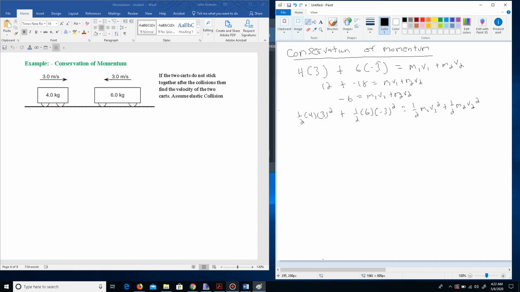Now, before I forget, there is one thing, and this is what I always realize is the mistake I make. These velocities after are not going to be positive. And the way it ends up turning out is actually this mass 1 ends up being negative.